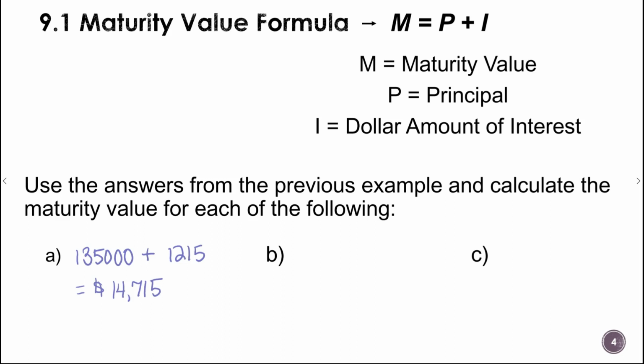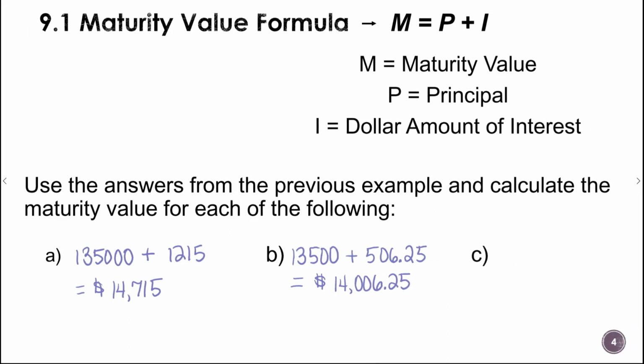And then on part B, I'm going to add the $13,500. That was the 5-month one, 506.25, which equals $14,625.